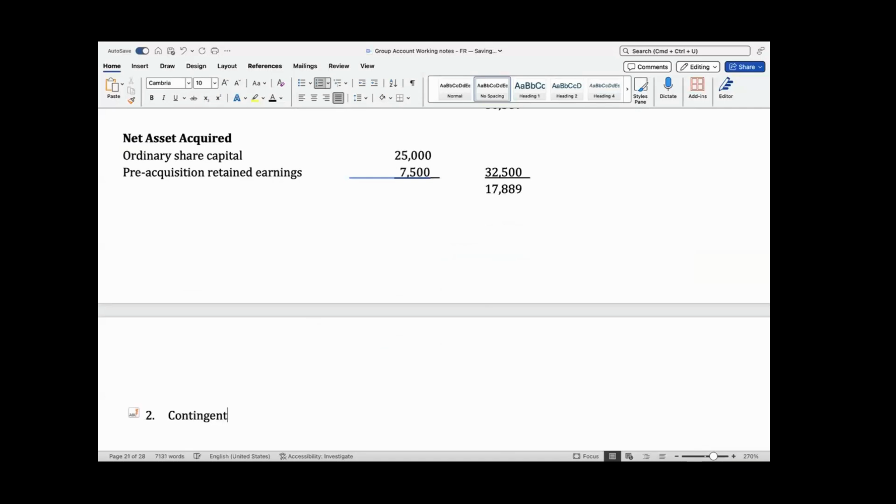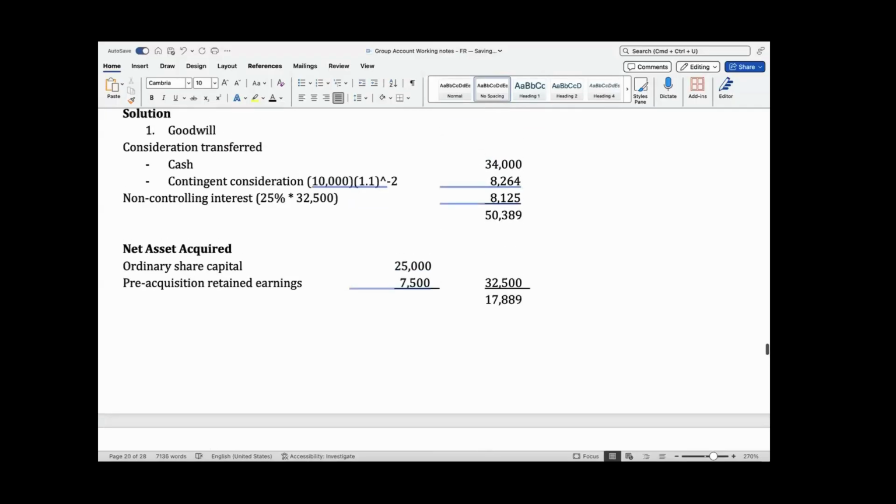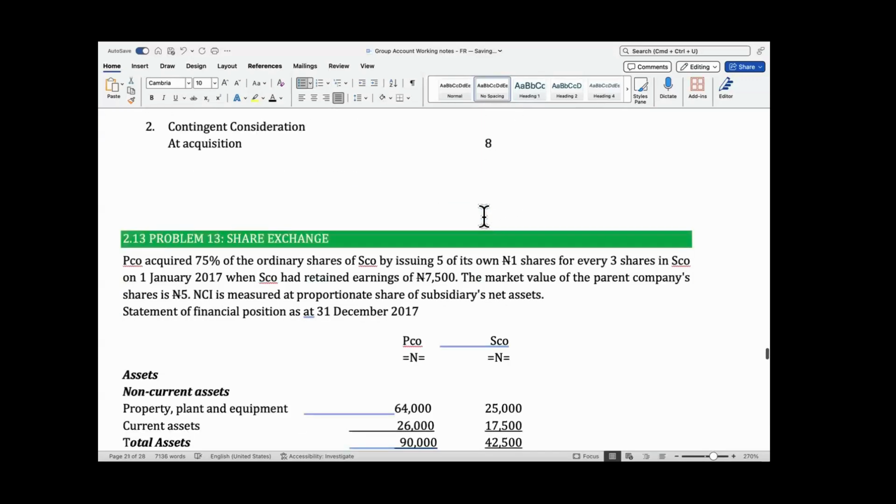Let me do that for the contingent consideration, because of the question she asked. At acquisition date, how much was the contingent consideration? From workings one, it was 8,264.